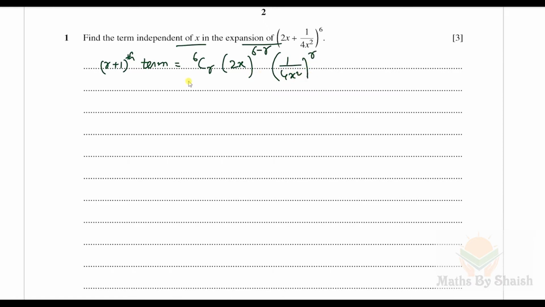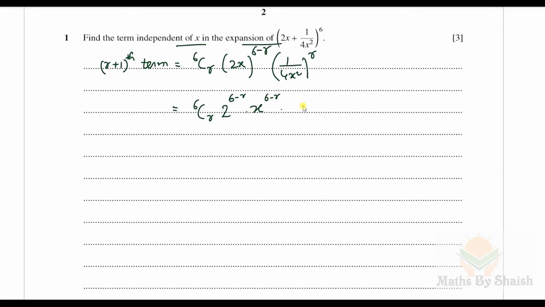So this is the nCr, and we'll simplify and take out the x powers and equate it to 0, and we'll get the term independent of x. So it is going to be 6Cr, 2 raised to the power 6 minus r, and x raised to the power 6 minus r.